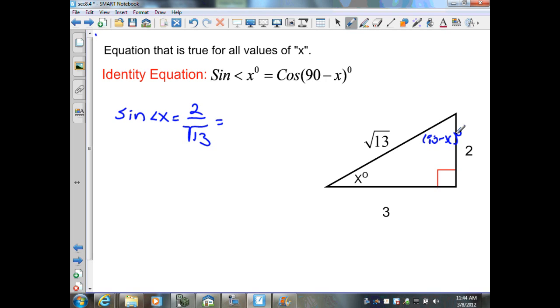So when I set this up, I would have the cosine of 90 minus x degrees. And I know that because this would be adjacent, which is 2, over the hypotenuse, which is the square root of 13. And both instances would give me the same value for x.